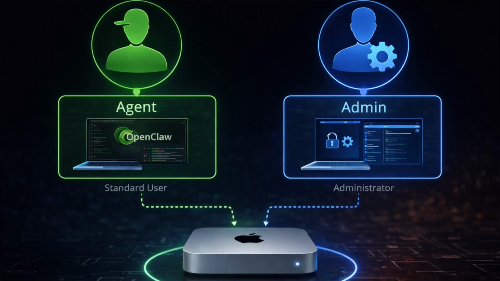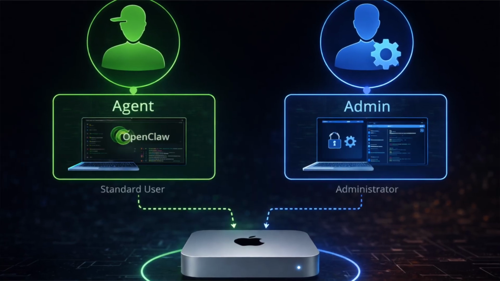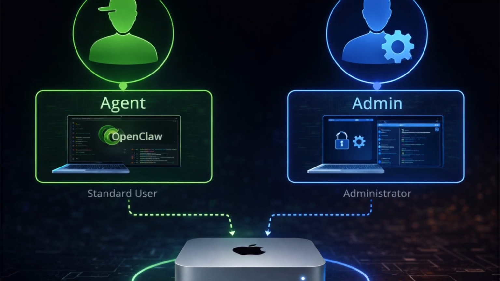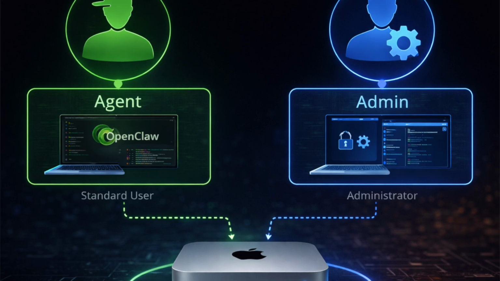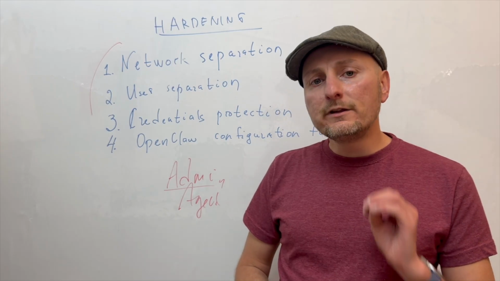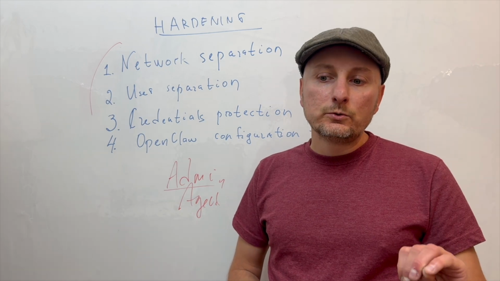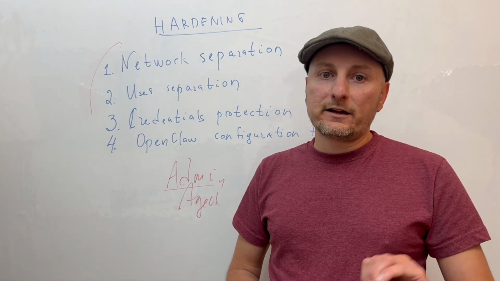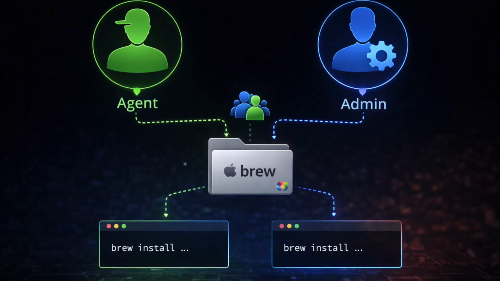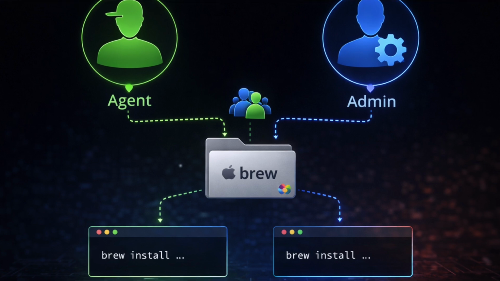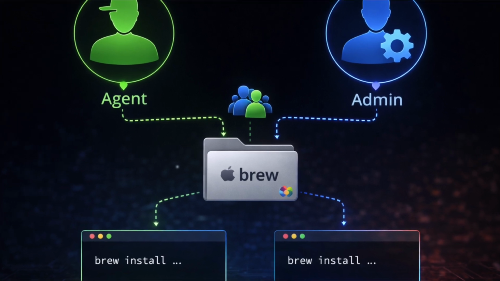And that means the agent is not able to access the files that are owned by the administrator user. Agent is also not able to install applications. The only exception I made for the agent is to be able to install brew packages. So in this case I added the agent and the admin to a separate group so that the agent may install brew packages.